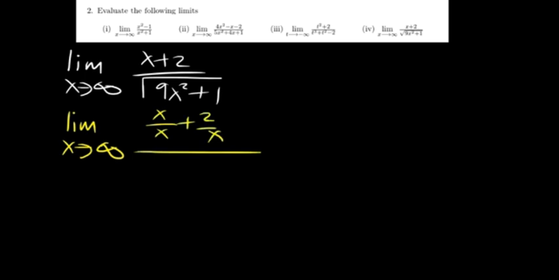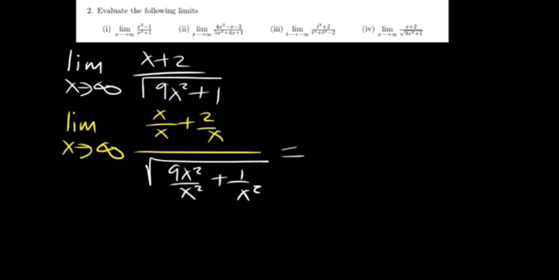On top, divided by x, you have x over x plus 2 over x. In the denominator you're going to have the square root, and now we divide by x squared, so 1 over x squared.